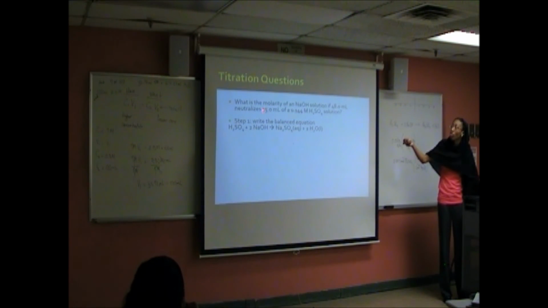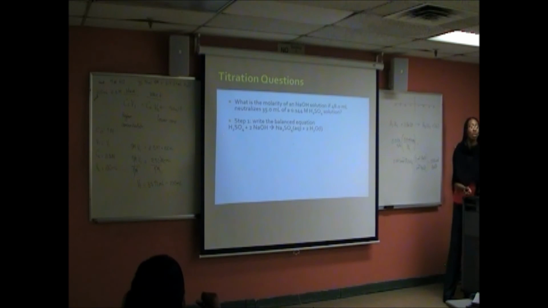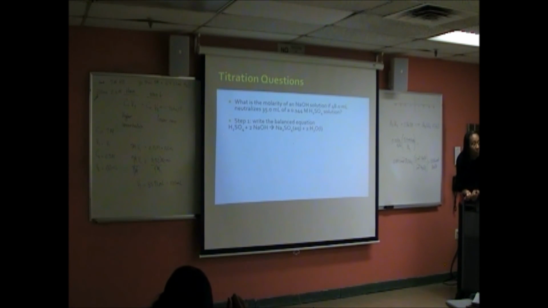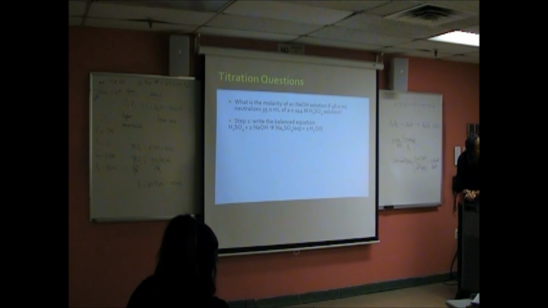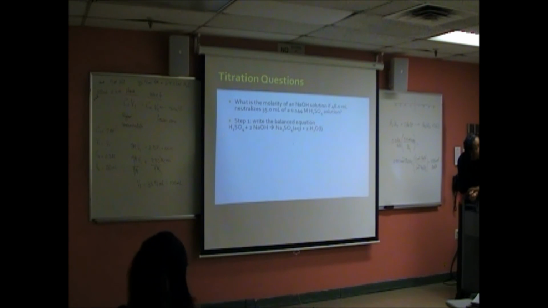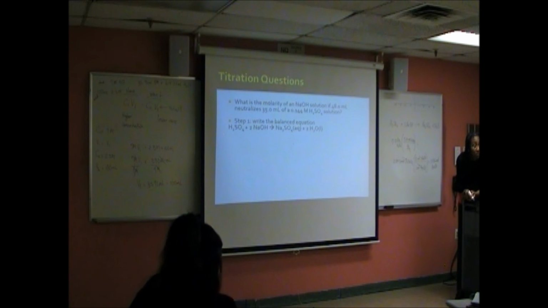So you convert your 35 milliliters to liters and then convert that to moles using molarity. 0.035 times 0.144. How many moles do we have? 0.00504. Very good.